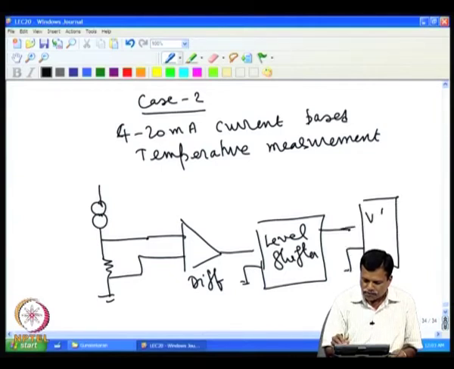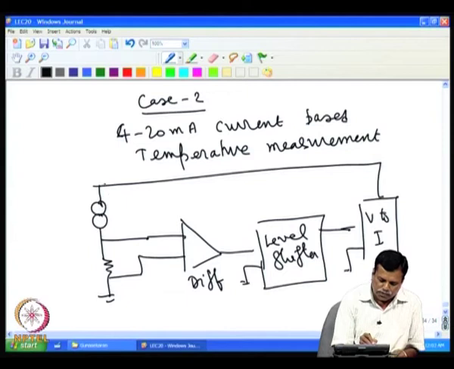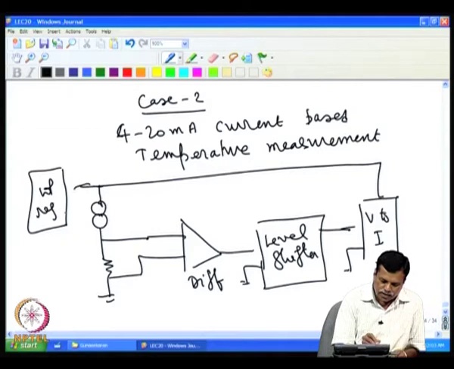So, a V to I converter, and then the whole thing is integrated to the input 4-20 milliampere with a voltage regulator. We will have a voltage regulator that is given here and that will act as an input.